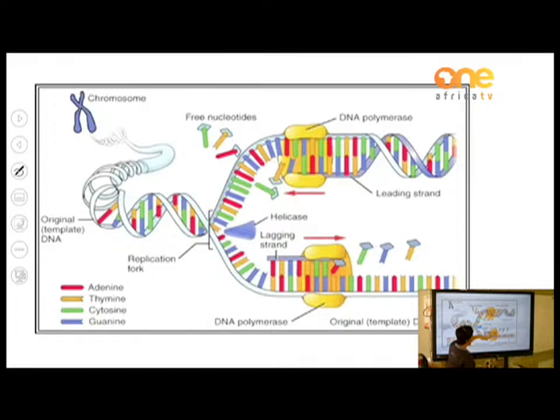I will have the original string, which serves as a template. And the DNA polymerase will build up this formation so that I have again two DNA. The outer ones were complements of one another. Therefore, these two green ones will be the same.